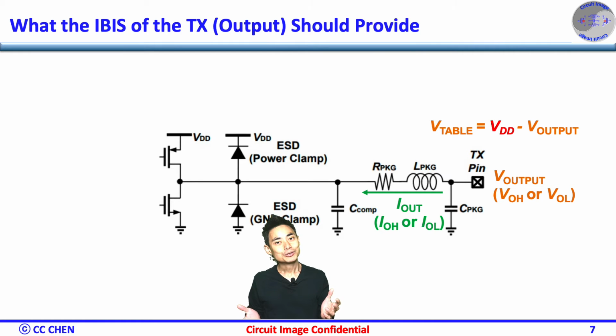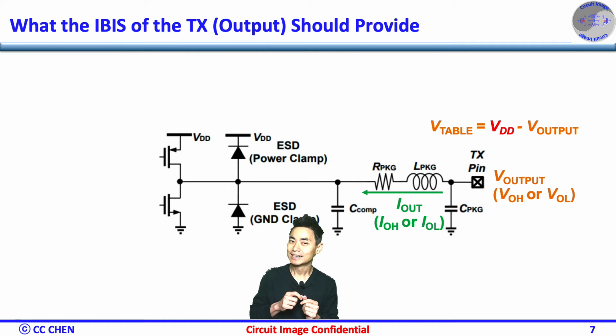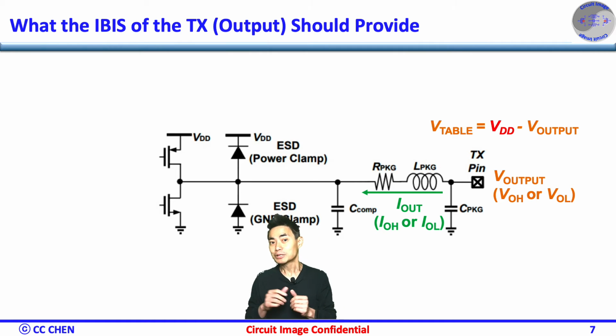On the other hand, to make a fast IBIS model, we can combine maximum IOH, IOL with minimum ramp time and minimum package parasitics. For your information, the slow IBIS is useful to determine the flight time, and the fast IBIS is handy to analyze the overshoot, undershoot, crosstalk, etc.